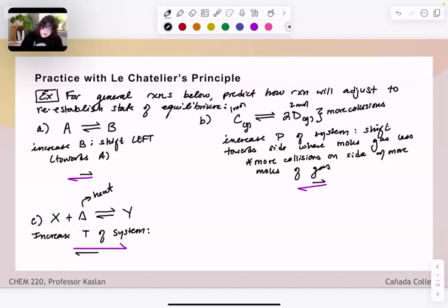So this would be what we call a shift right, or a shift towards product, here Y.